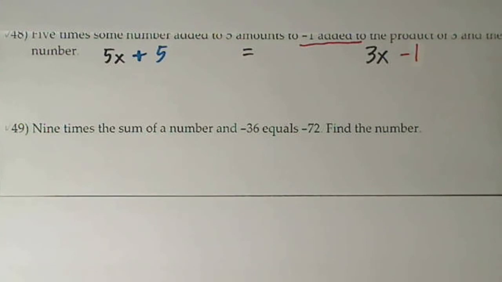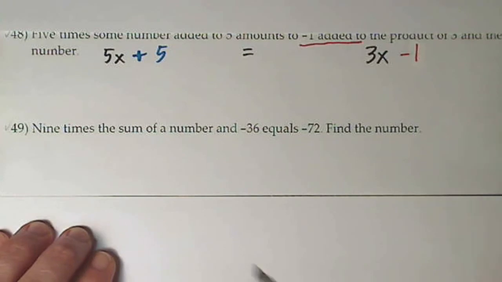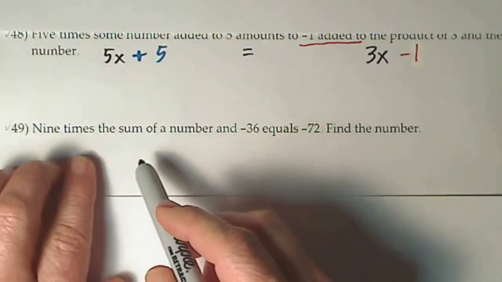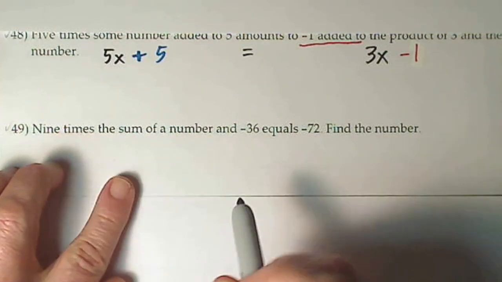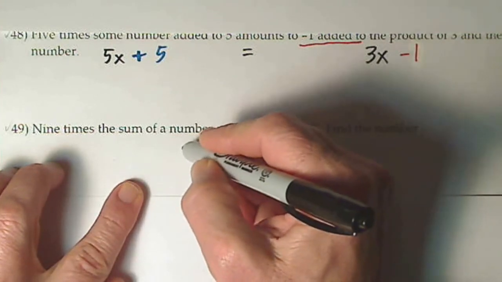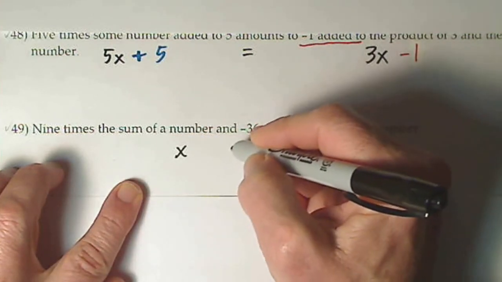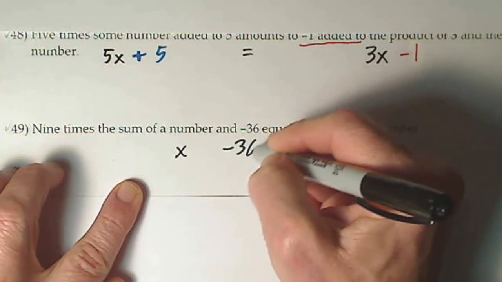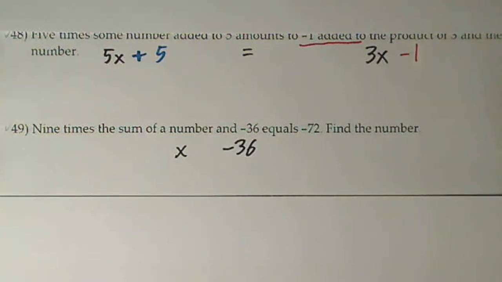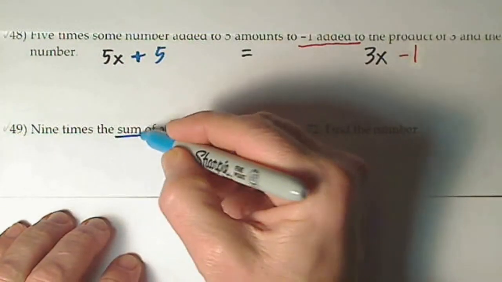Alright, 9 times the sum of a number and negative 36. Let's start out with the sum of a number and negative 36. Well, here's a number and negative 36 because they said sum.